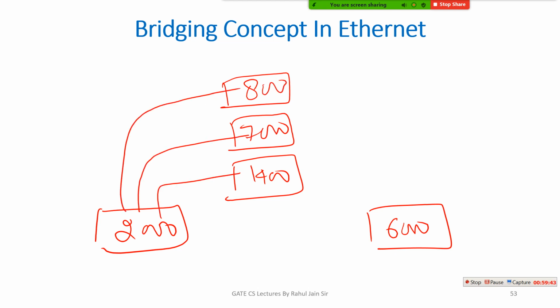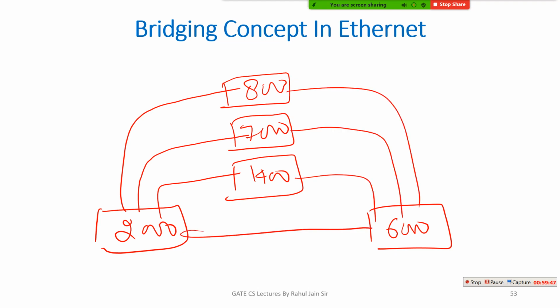This is creating a cycling problem. These are the bridge structures, right? So tell me, what would be the spanning tree corresponding to this? You need to apply the spanning tree algorithm and answer me, guys.